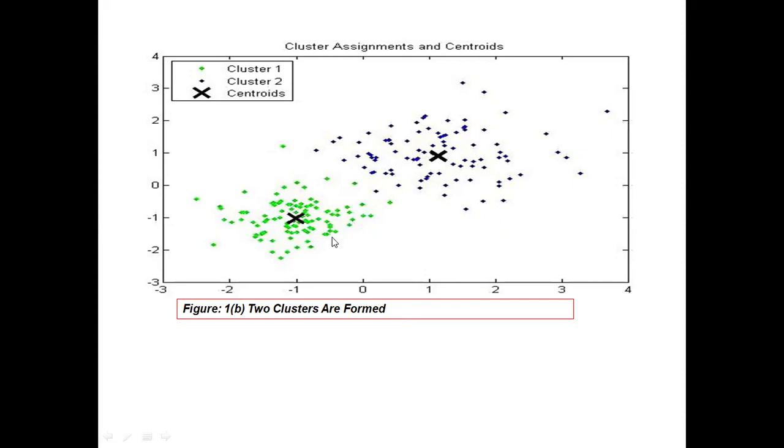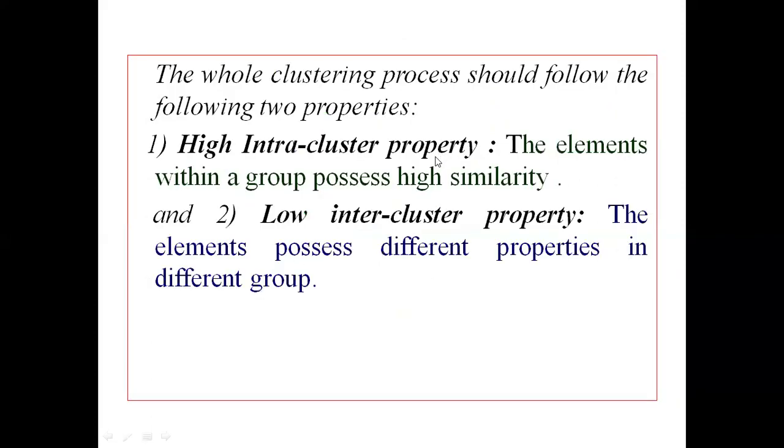So two clusters, cluster one and cluster two, and these cross symbols indicate the centroids. Centroids are those which exactly represent the whole cluster. Suppose for cluster one that I am representing with green color, this particular cross is the centroid, and it is representing the whole cluster. Similarly for the blue one.